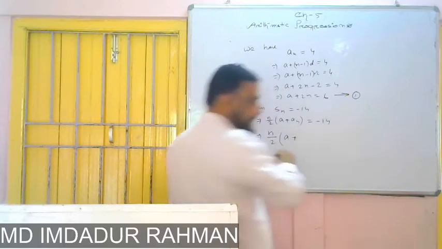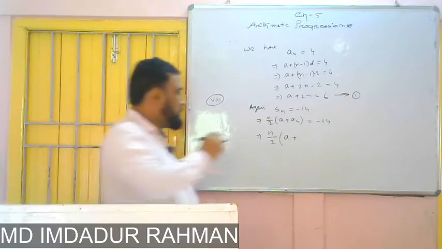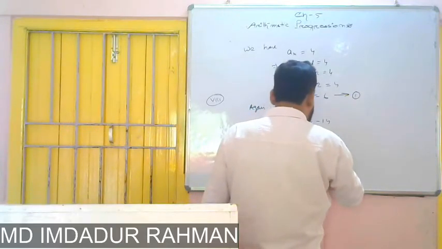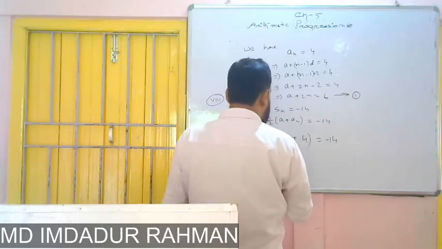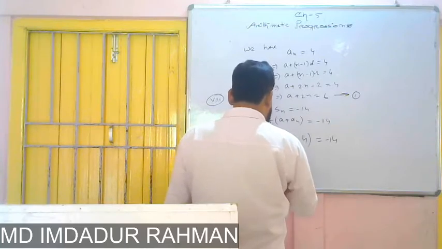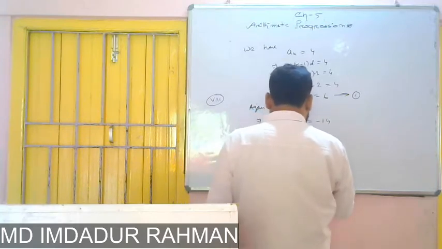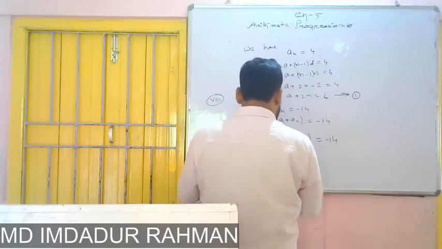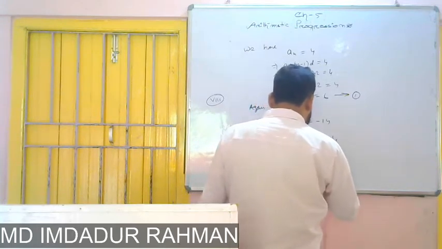Again we don't know. An is how much? An is 4. So n by 2 into a plus 4 is equal to minus 14, implies n into a plus 4 is equal to minus 28.